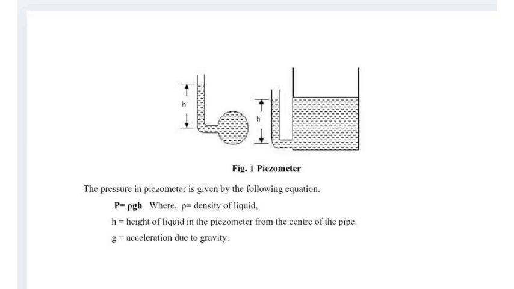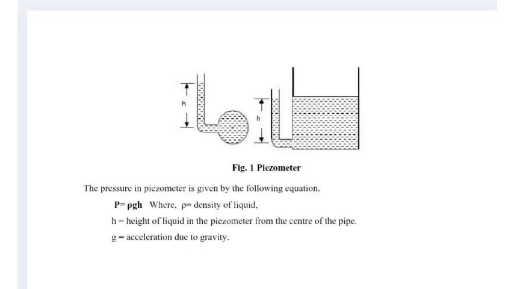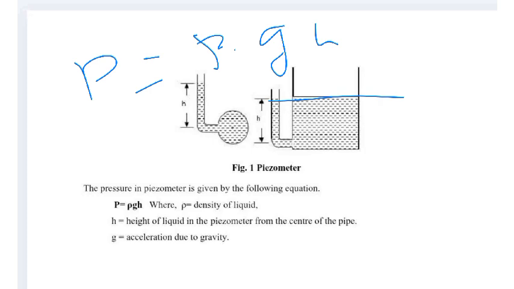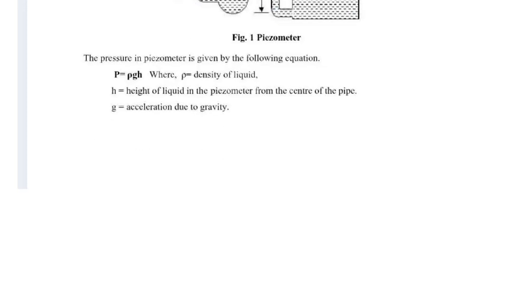The pressure in the piezometer tube is given by the following equation: P equals rho g h. h is the height of the liquid, rho is the density of the liquid, and g is the acceleration due to gravity.